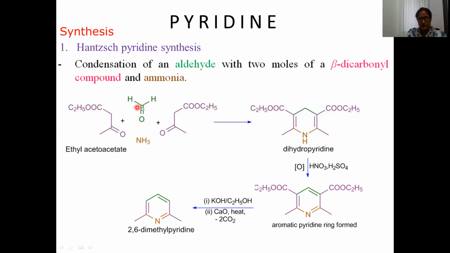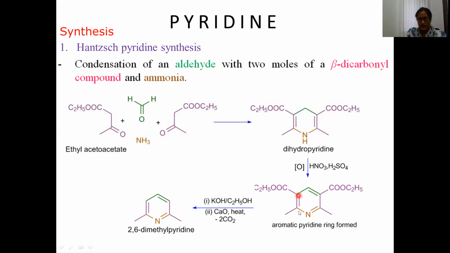One bond will be formed between this carbon and this carbon, and this nitrogen and this carbon are bonded with each other by the condensation process and form the dihydropyridine. By oxidation in the presence of nitric acid and sulfuric acid, it forms the aromatic pyridine ring.